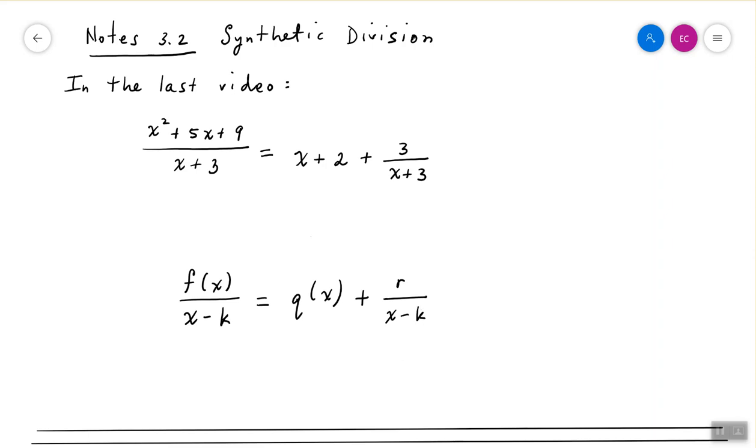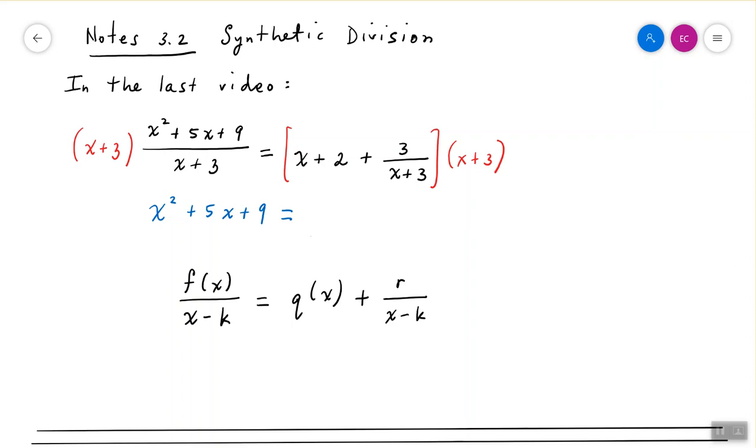So now we want to express the same idea in a slightly different form. The way we're going to do that is multiply both sides by the least common denominator, and so that's x plus 3. When we do that, the x plus 3's cancel on the left side, and we're just left with x squared plus 5x plus 9.